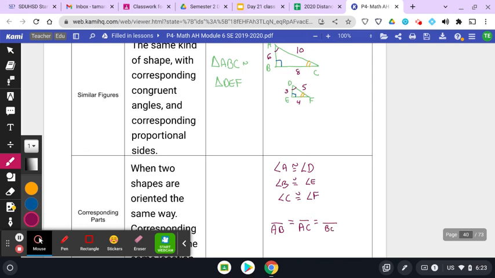So AB is lining up with DE, AC is lining up with DF, and BC is lining up with EF.